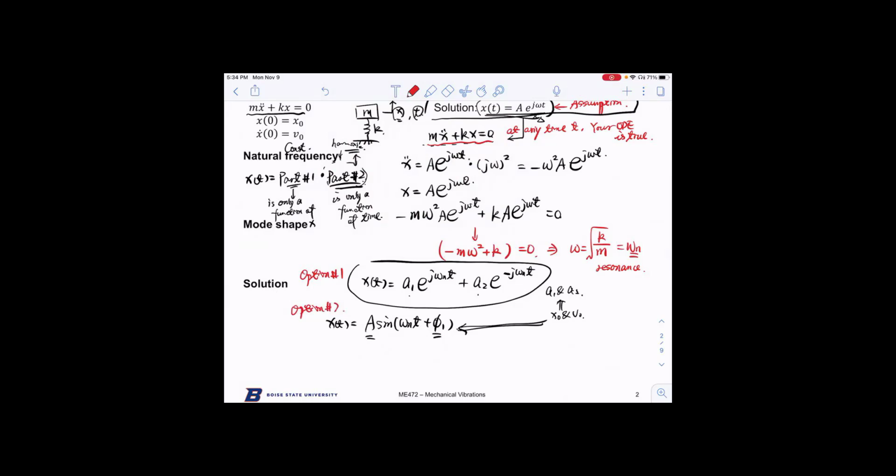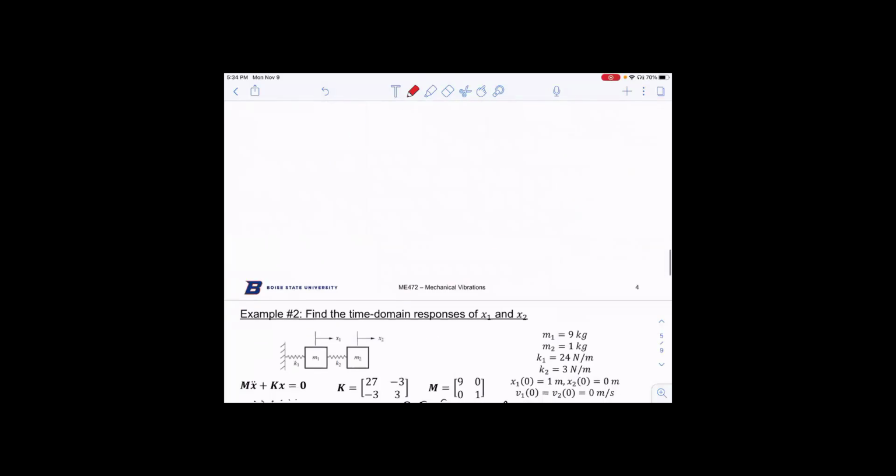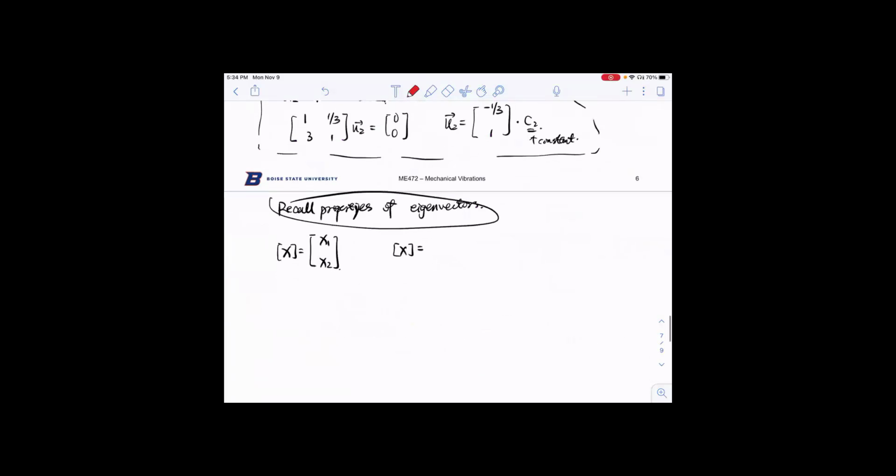You can either use Euler's expression or use harmonic excitation to describe your final solution. Similarly, you have two potential methods to describe your X.